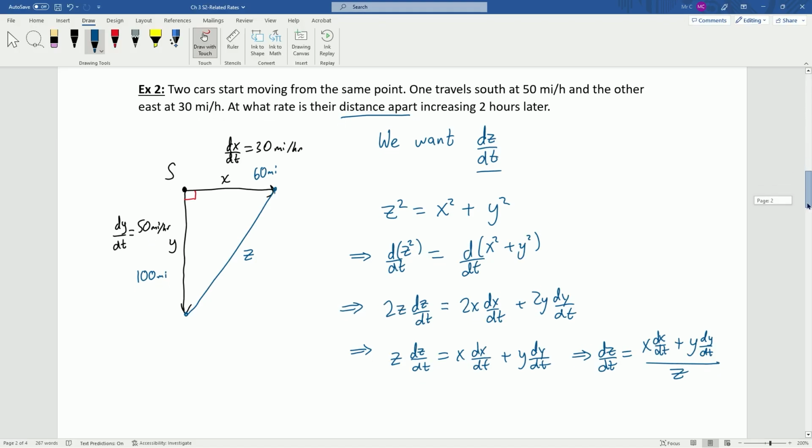But that's okay, because again, this is a right triangle. So I know that z squared equals 100 squared plus 60 squared. So z is the square root of 10,000 plus 3,600, and I'll just rewrite that as 13,600.